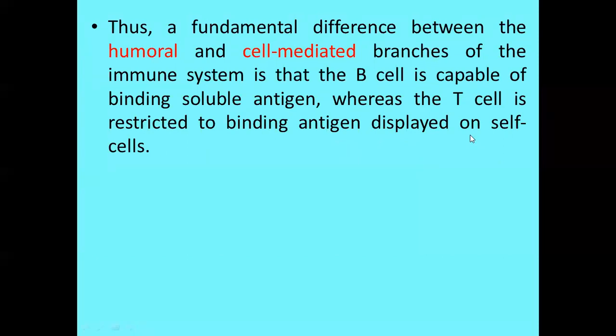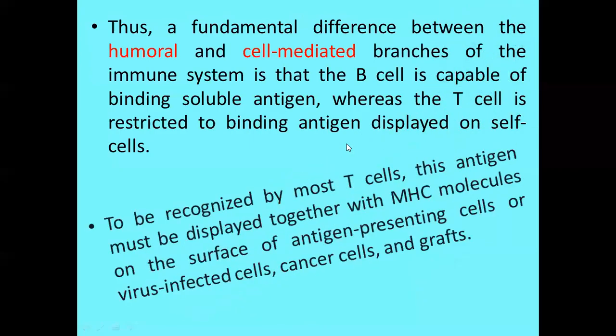Thus, the fundamental difference between the humoral and cell-mediated branches of the immune system is that the B cell is capable of binding soluble antigen, whereas the T cell binds only antigen which is displayed on a self molecule. Assume an antigen enters into a cell, and then the cell presents that particular antigen; that is called the antigen presenting cell, or APC.